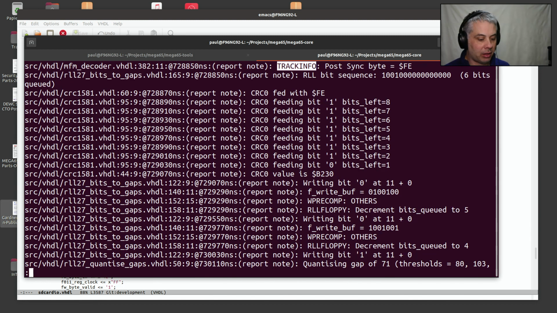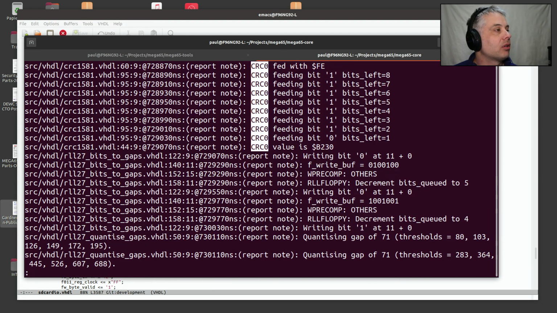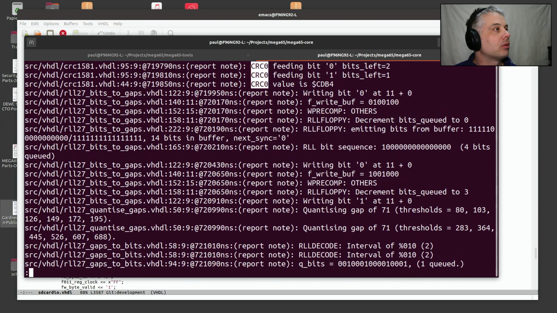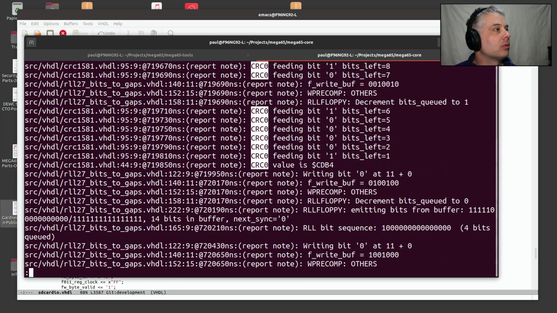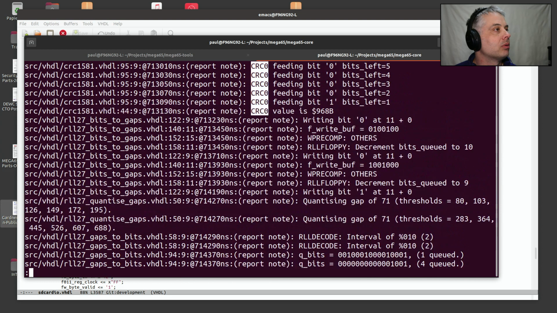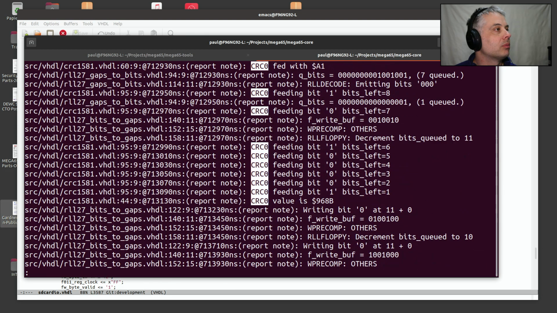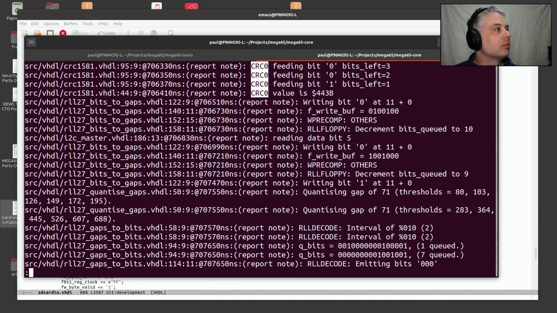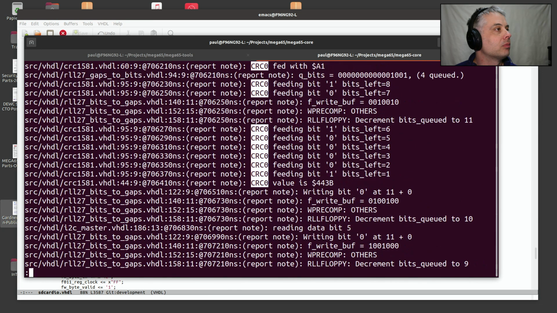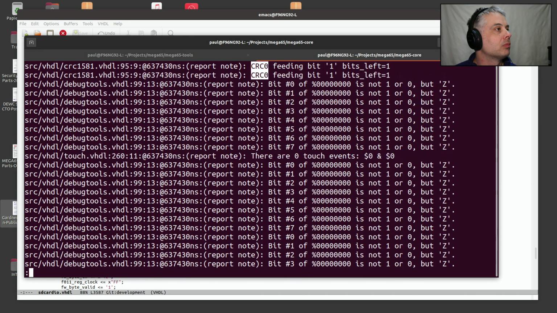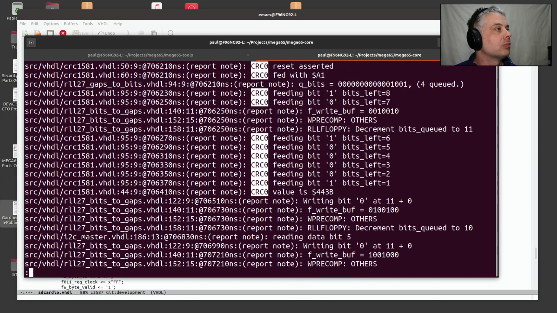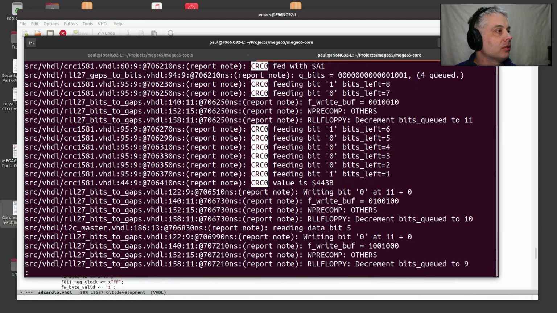Okay, and so the CRC 0 is the one that's decoding our track. Okay, so we reset it. We put in the A1, get 443B.